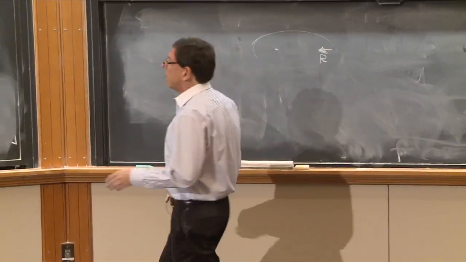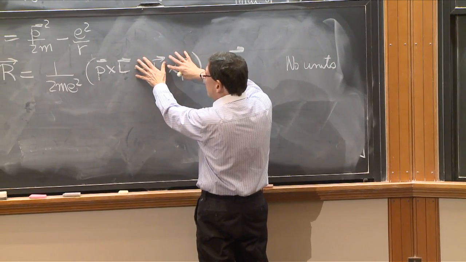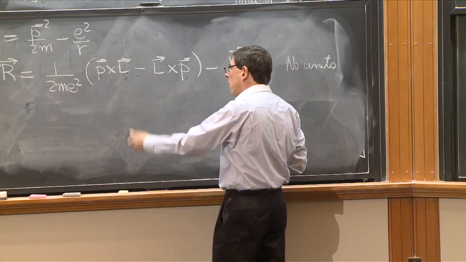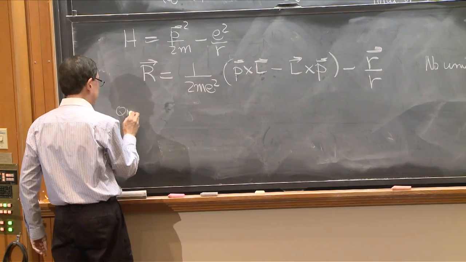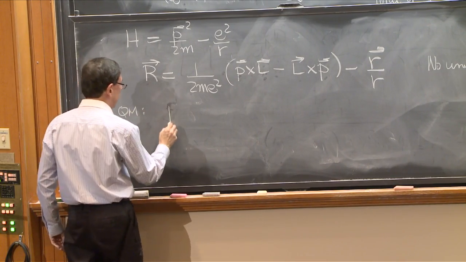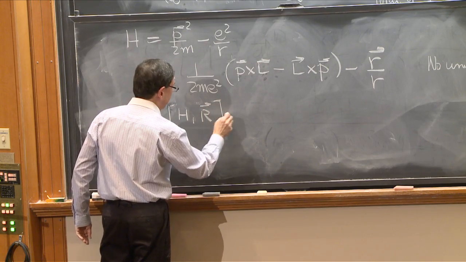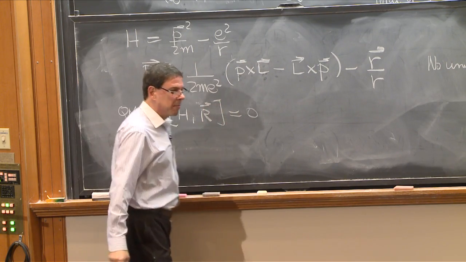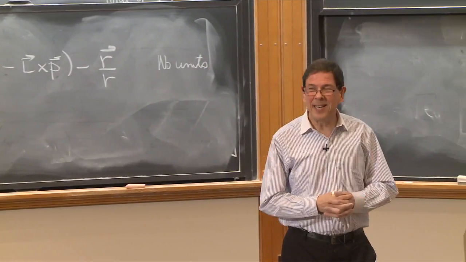Moreover, in the case of classical mechanics, it was conserved. In the case of quantum mechanics, the statement of conservation is something that, in one of the exercises, you were asked to try to do these computations. And these computations are challenging.